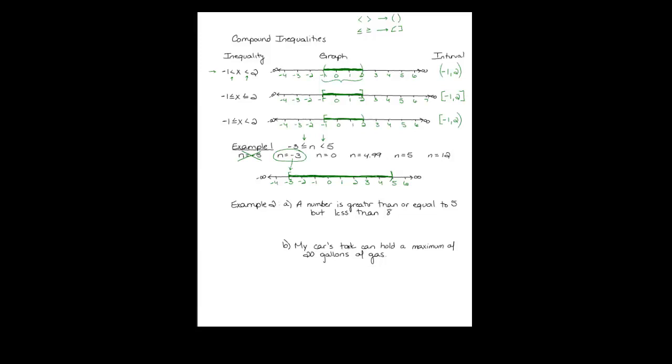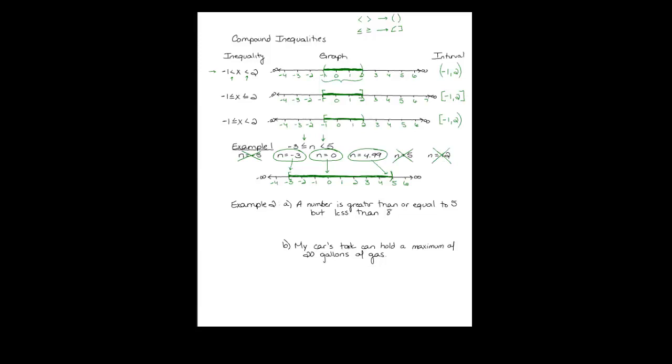So -3 is part of the solution set, as is 0. Now this next one, 4.99, not quite 5, so it is in the solution set. However, 5 itself, because we have strict inequality, is not in the solution set. And neither is 12.